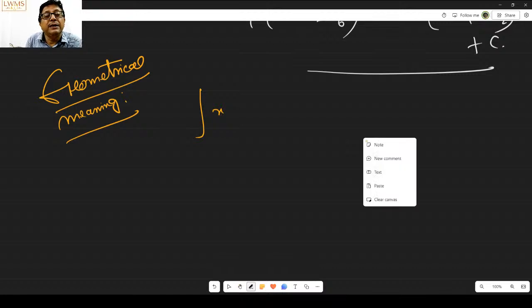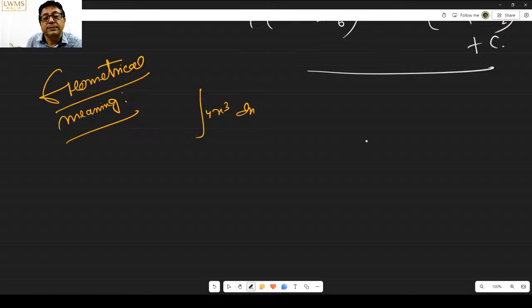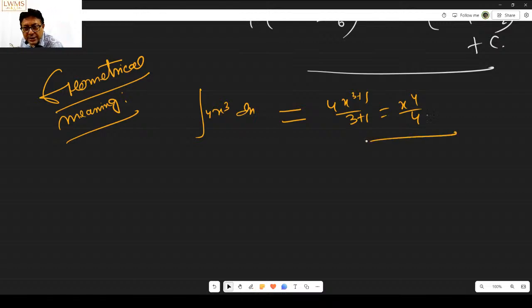I am taking 4x cube dx. Its integration will be 4x to the power 3 plus 1, that is x to the power 4 by 4, and you know it is compulsory that you have to put a constant over there.